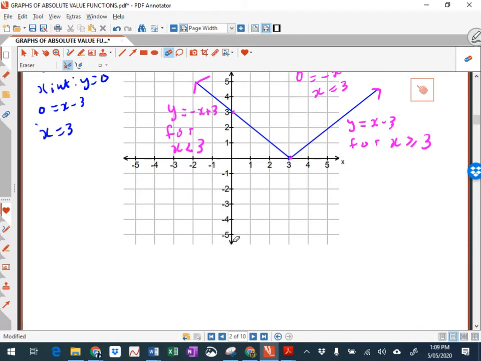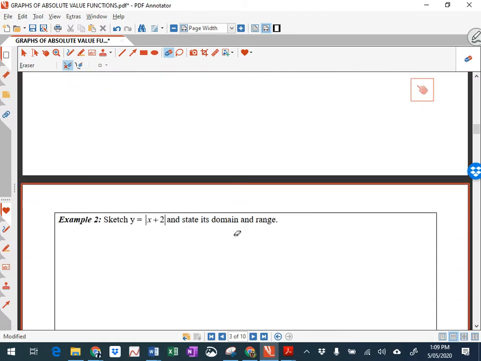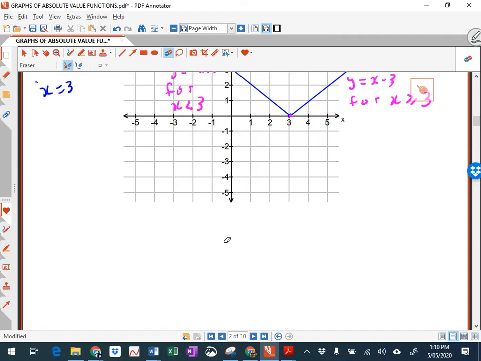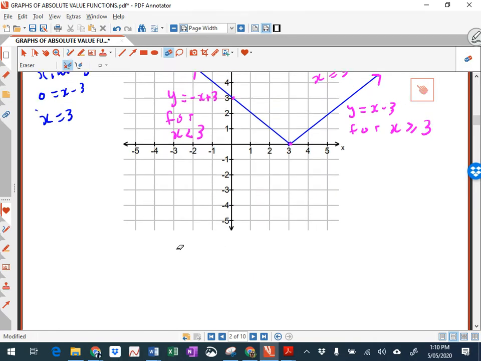Now, let's have a look at a second question. We also had to state its domain and range, didn't we? So before we move on, let's have a look at this. What's the domain? Domain, well, that's going to be all real x, isn't it?